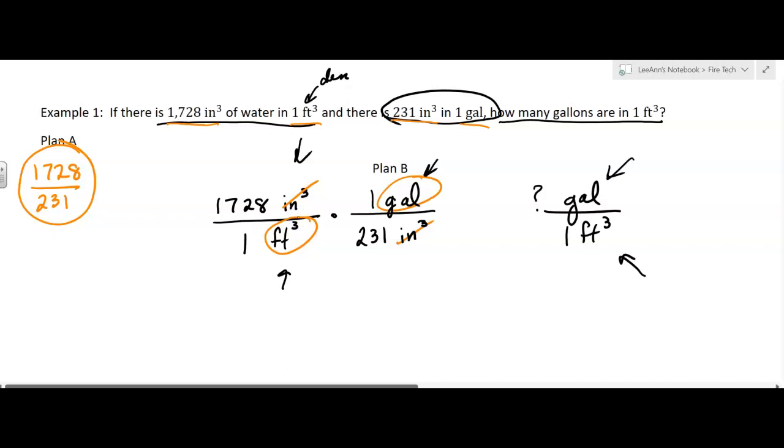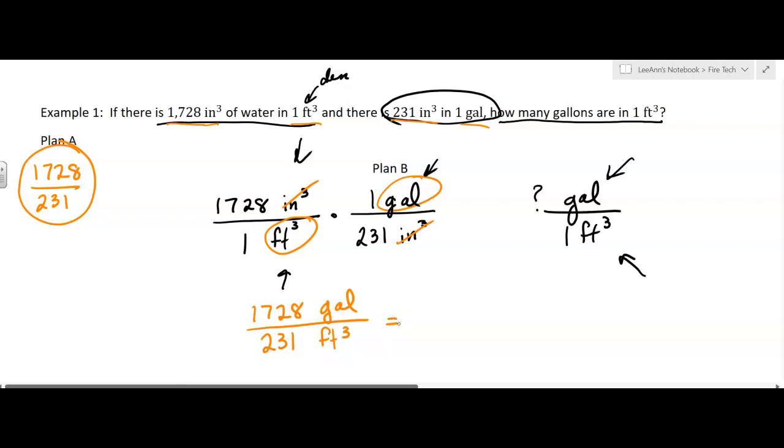Now it's just a matter of doing the math. So I have 1,728 gallons. It's times 1, but like we said, times 1 is just going to be 1,728. And then I have 231 cubic feet in the denominator. And then I get a calculator and I figure that out.